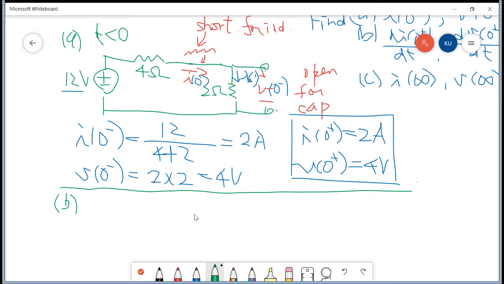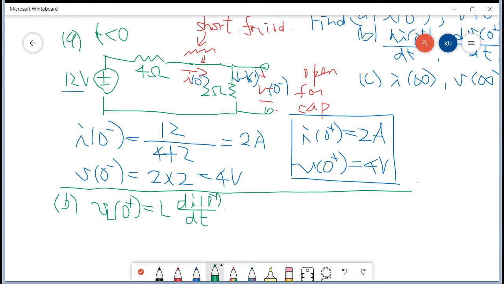For the inductor, VL(0+) should be equal to L dI(0+)/dt.